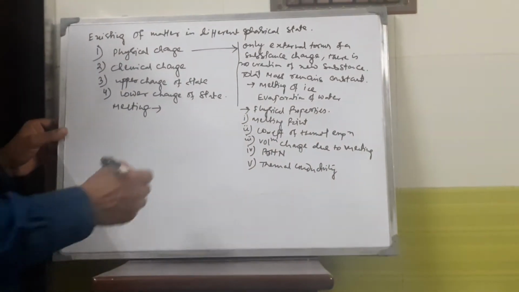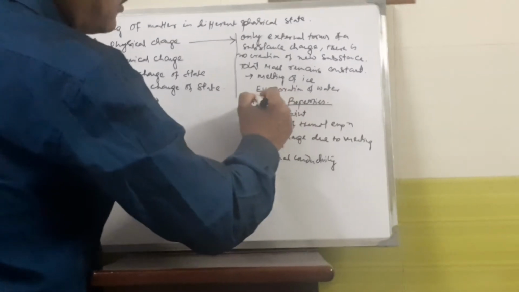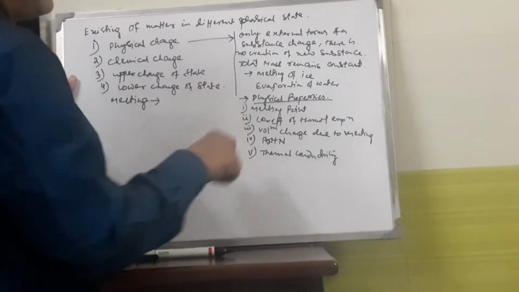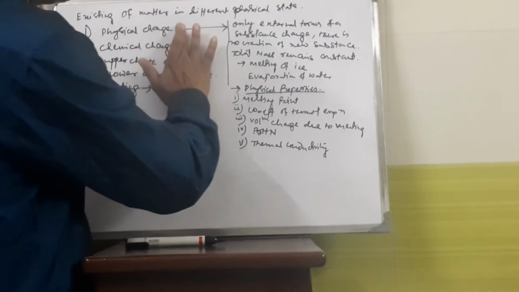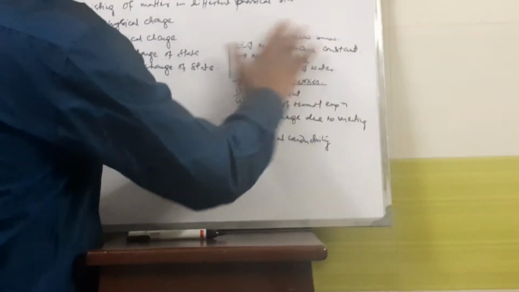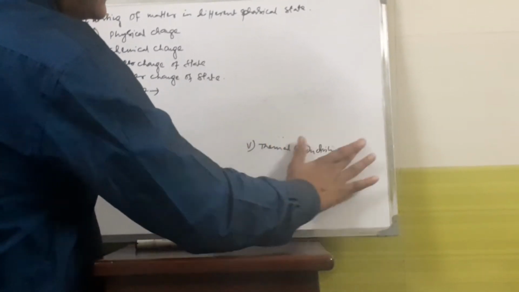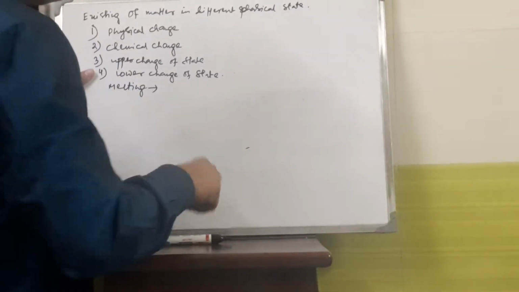These are examples of physical properties of a material. I think physical change is over. We have already discussed physical change of a matter. Now we will start discussion regarding chemical change of a matter.